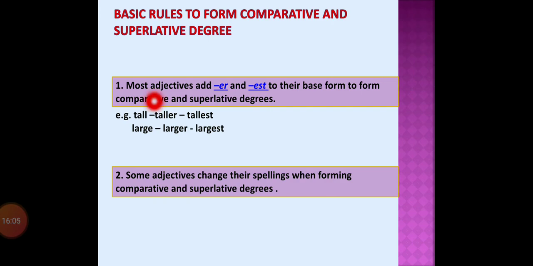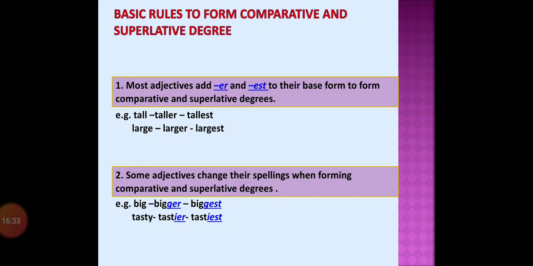Now here, if you can see in tall, this is the original spelling. While forming the comparative degree, it remains the same, only ER was added. In the superlative degree also it is the same, only EST was added. But here is our second rule, that some spellings change their format. For example, big, bigger, biggest.